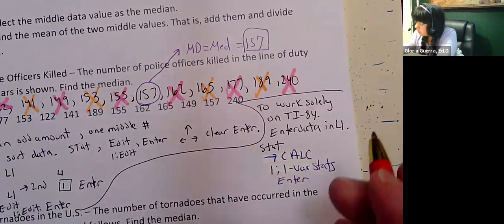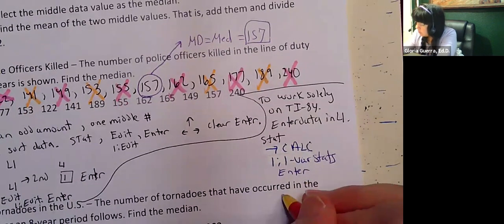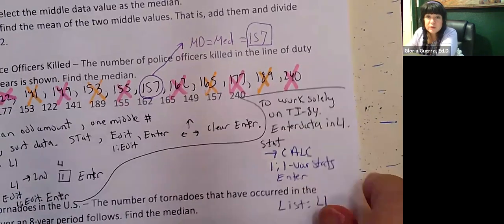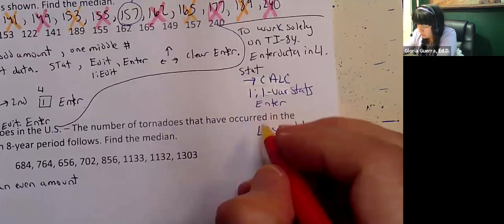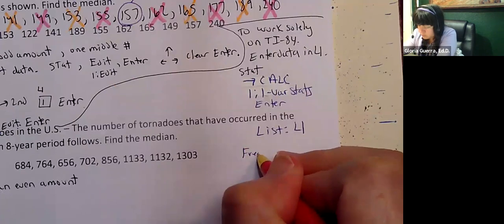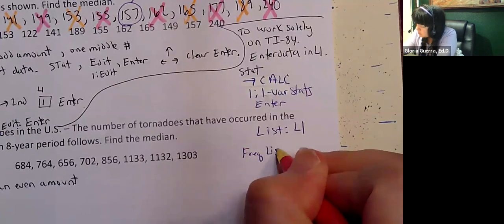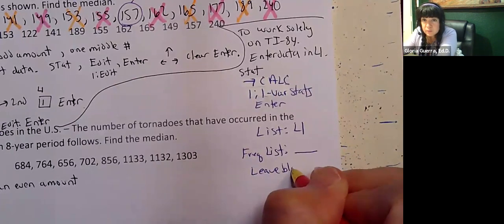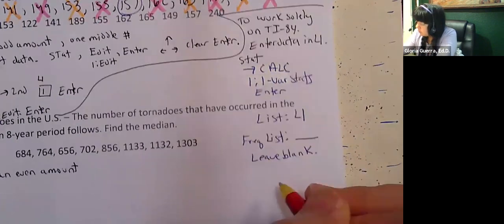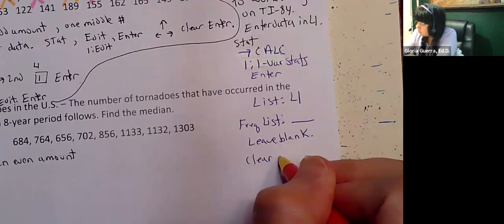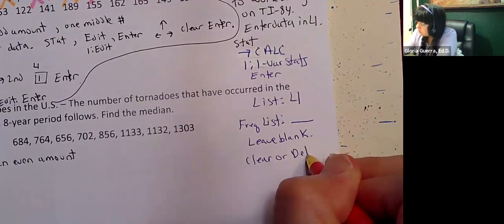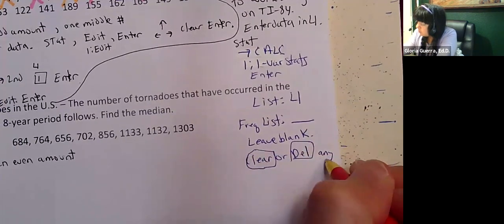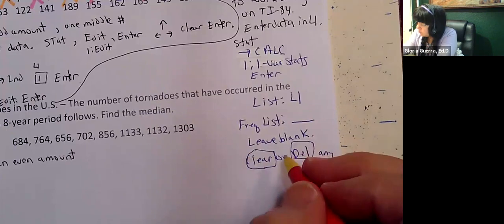And then this is important. Then you would go to lists, and you would tell it that L1 is where your data is. But then here you'd have to go to frequency lists, and you have to leave this blank. You have to clear or delete any entries.